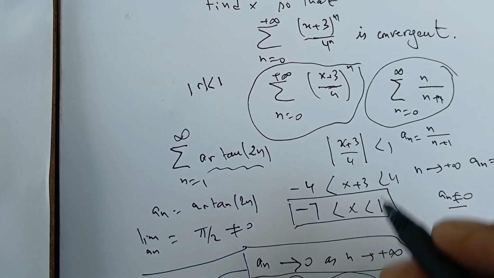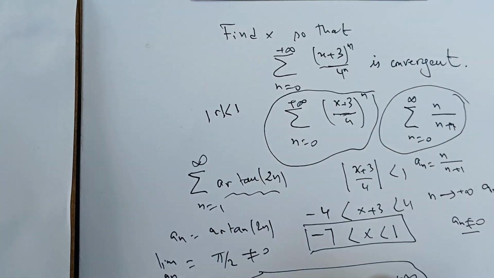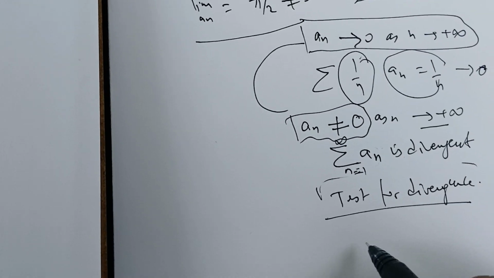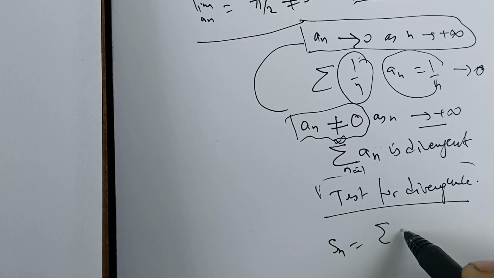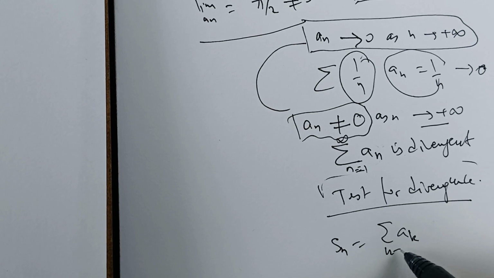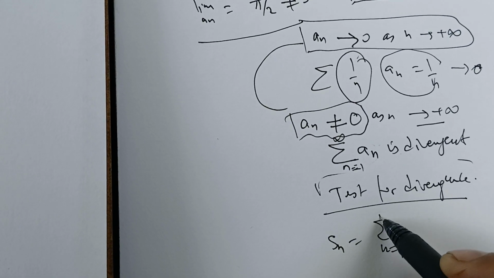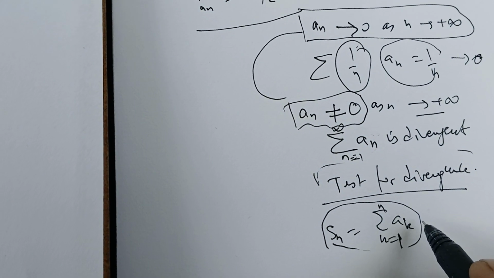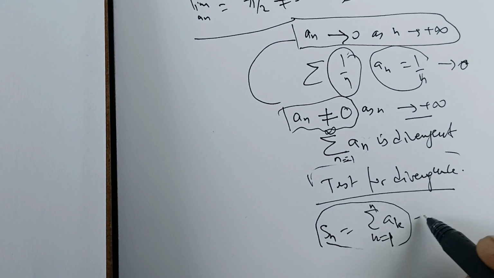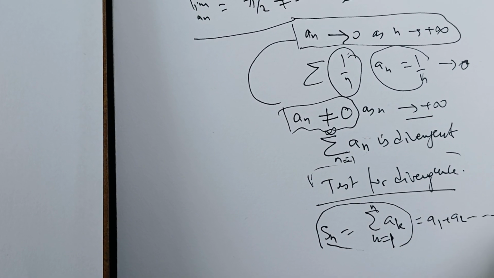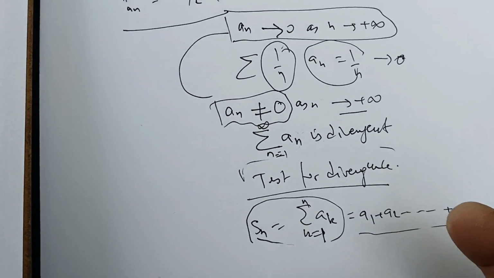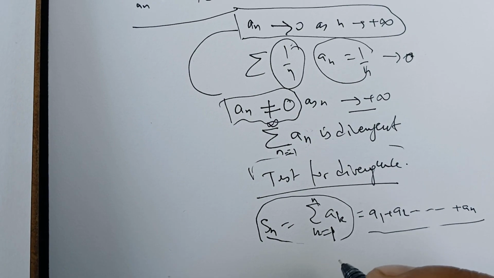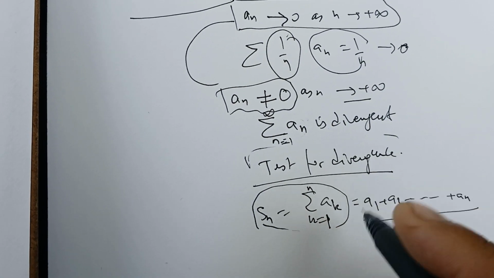If we have an easy formula for the partial sum, the sum of the first n terms of the series, a1 plus a2 plus up to a_n, we take the limit as n goes to infinity to see the behavior of the series.